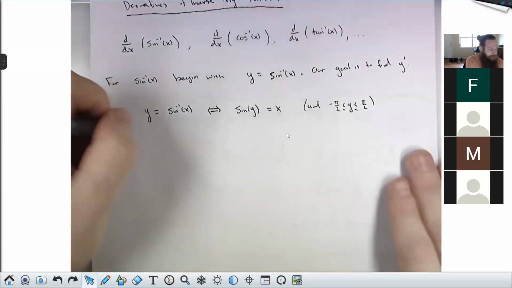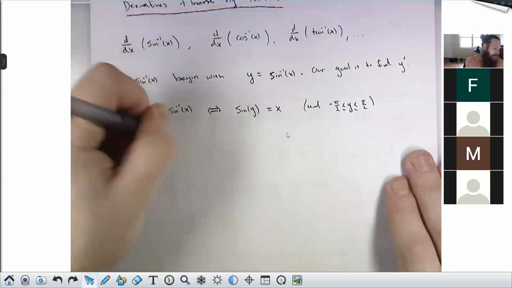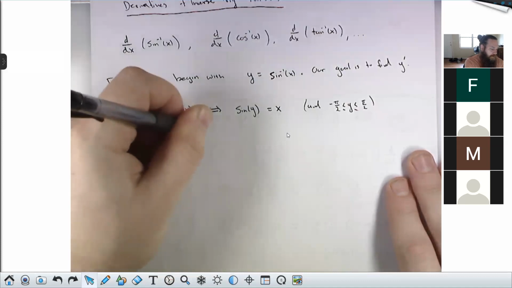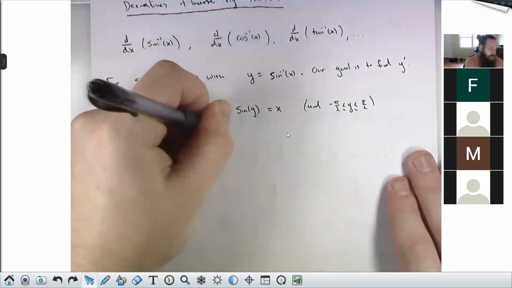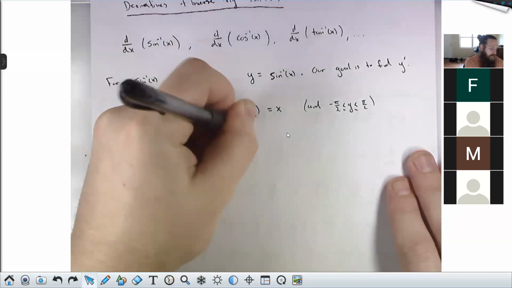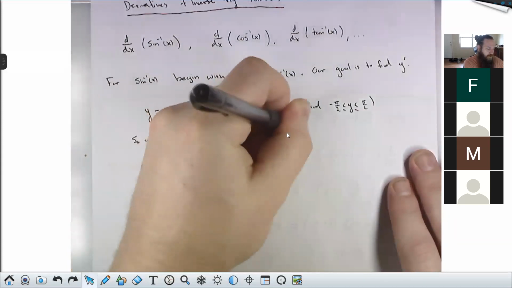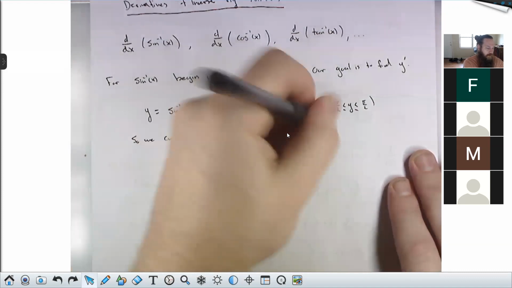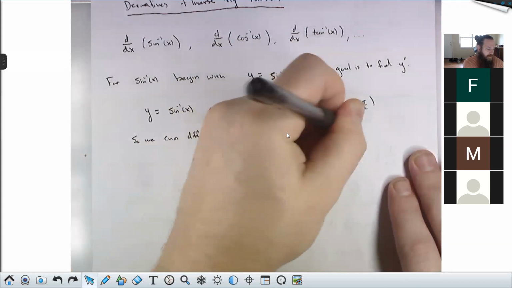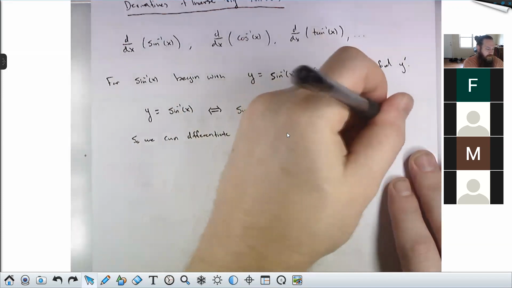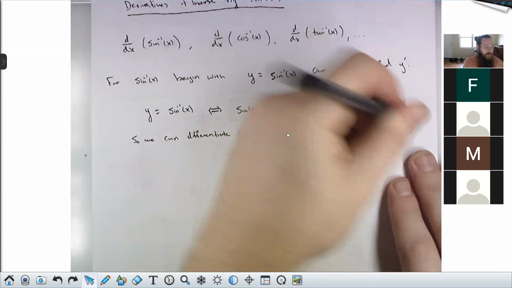So we can differentiate this expression with respect to the variable x, then solve for y prime.